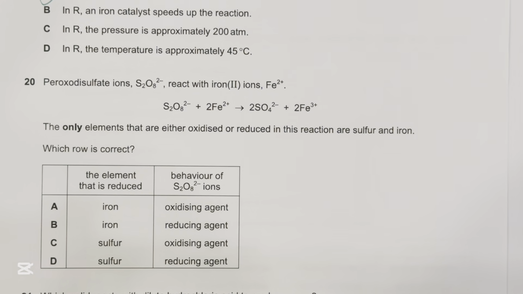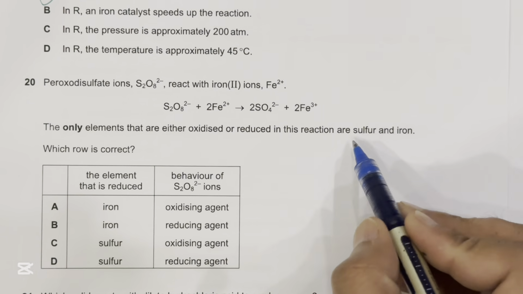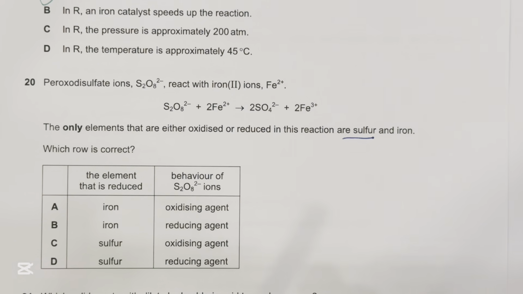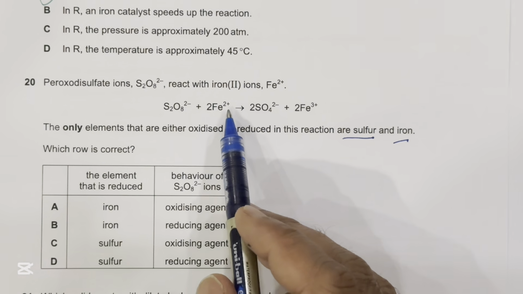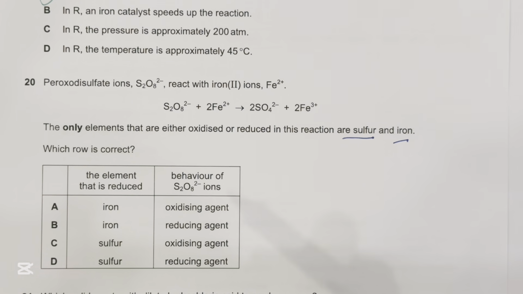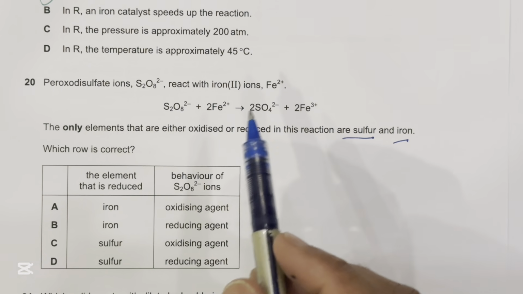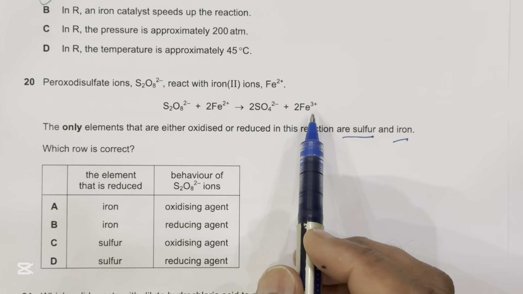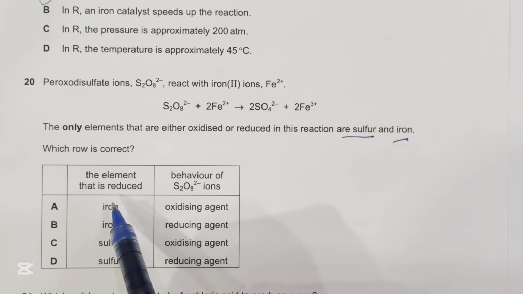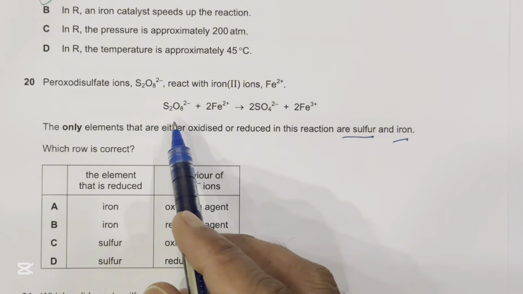The only elements that are either oxidized or reduced in the reaction are sulfur and iron. Iron is oxidized, so the element that is reduced would be sulfur.